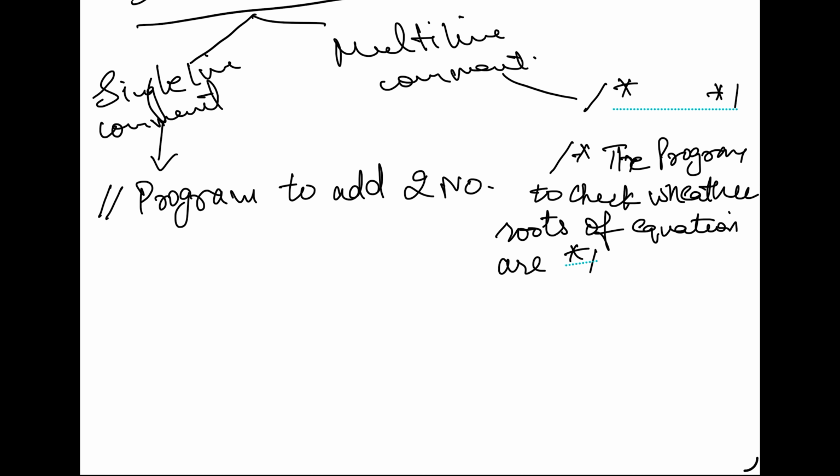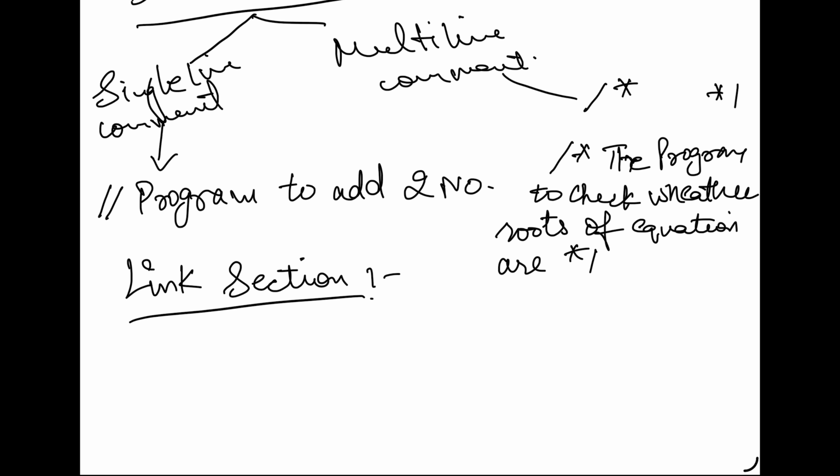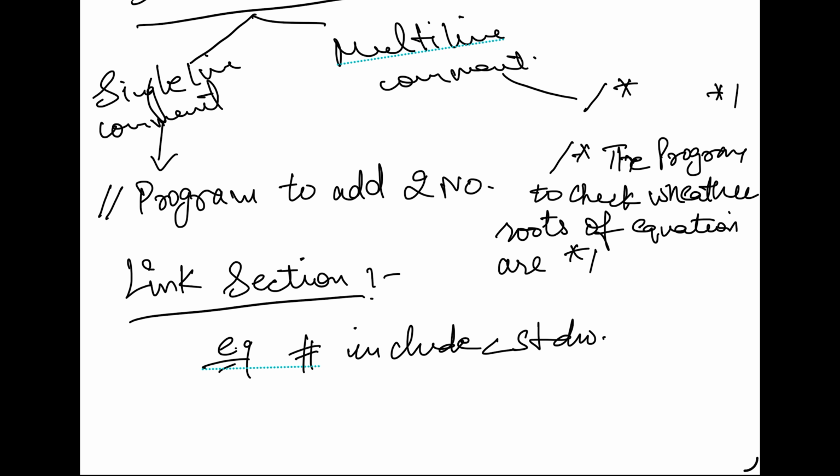Second is the link section. In the link section, we include header files, for example, #include <stdio.h> and #include <conio.h>.